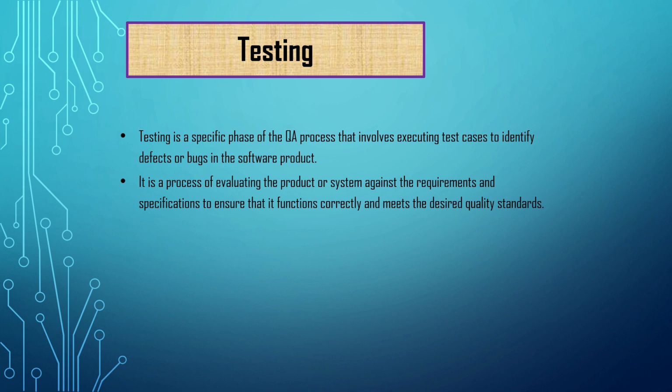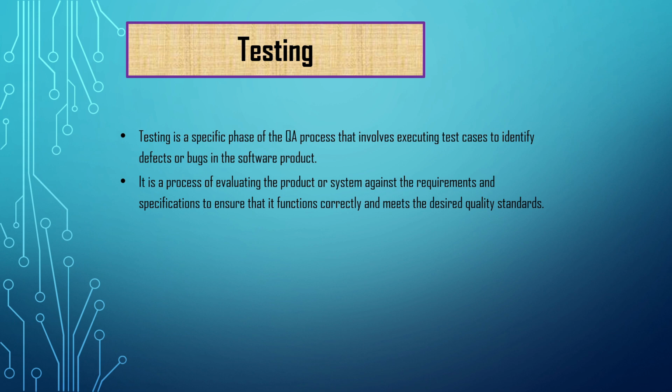So it's a process of evaluating the product or system against the requirement. You see the requirement and then you evaluate that product based on the requirement you have received from your stakeholder. And it's also to ensure that it functions correctly and meets the desired quality standard. So when you are checking as part of testing, you are also checking whether, as you execute your test cases, it meets your customer expectation or not.